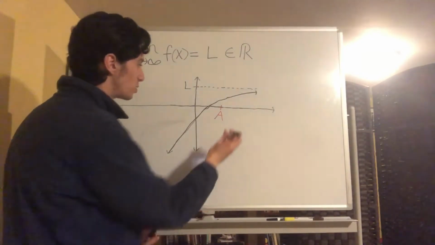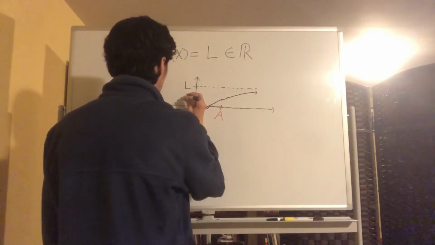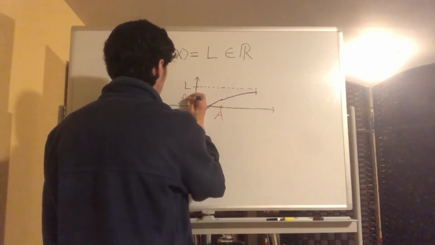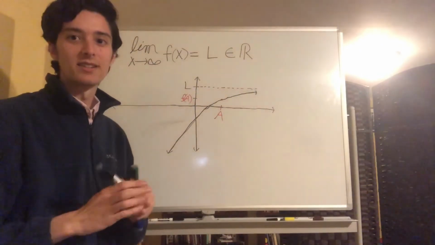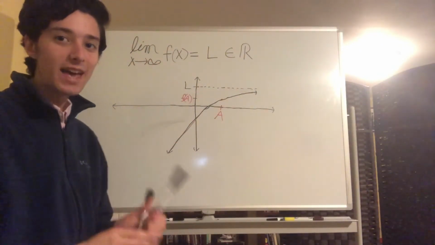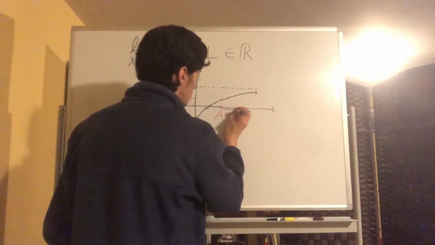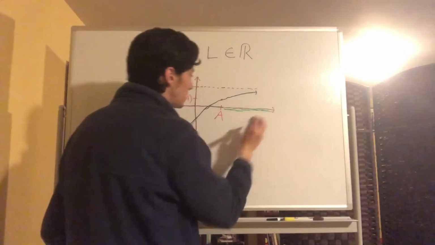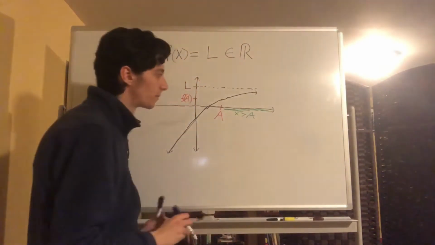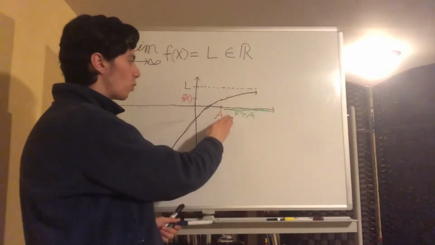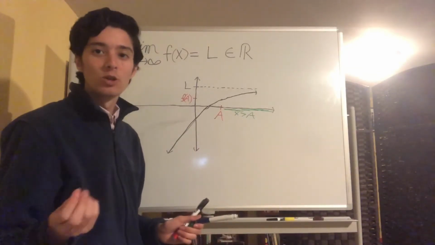Now A corresponds to a y value, so we call this y value f of A. Now again, like last time, we can think about all the values of x that are greater than A. So any of these x coordinates. So x is greater than A. And we think about, when we plot x as any of these coordinates, what happens to our f of x?